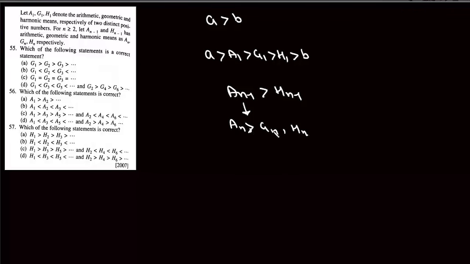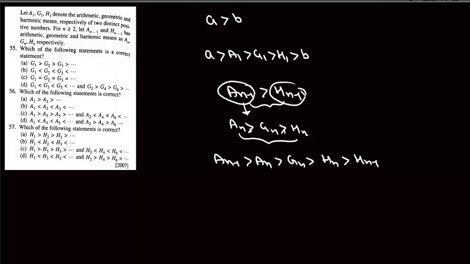Now we know that An will be greater than Gn and Gn will be greater than Hn, and these means will lie between A(n-1) and H(n-1). So from here we can write A(n-1) will be greater than An, greater than Gn, greater than Hn, and greater than H(n-1). So these are the extreme values A and B, and all these three means lie between them.